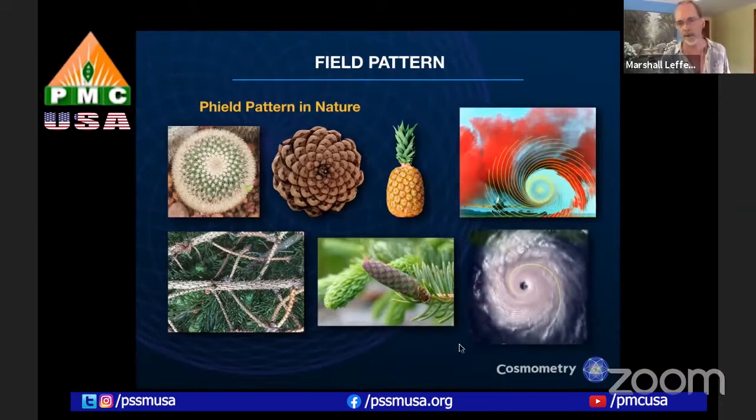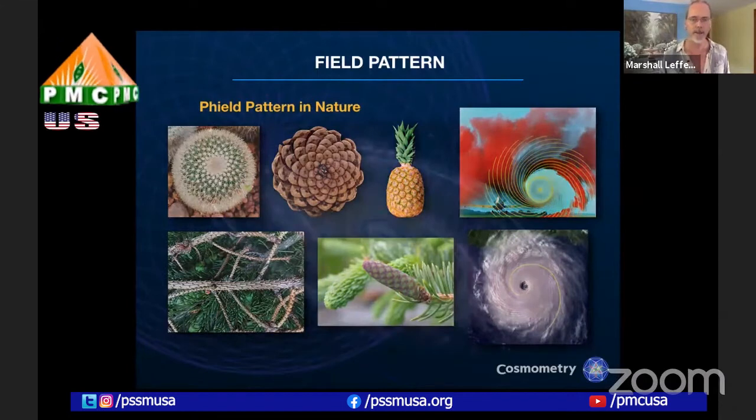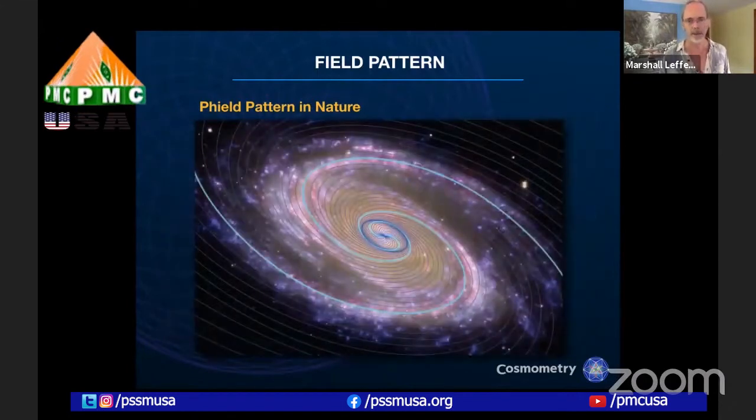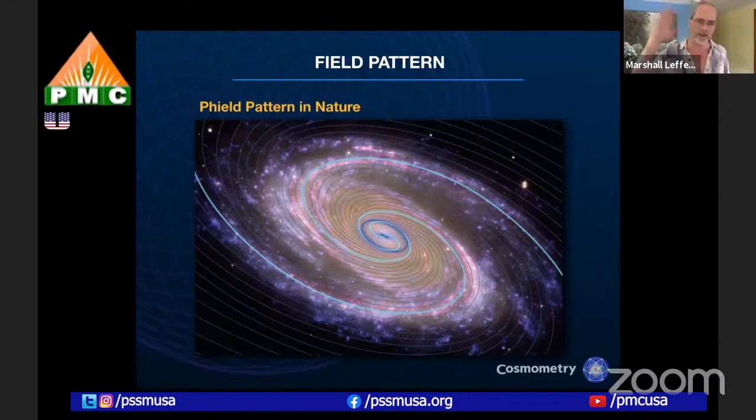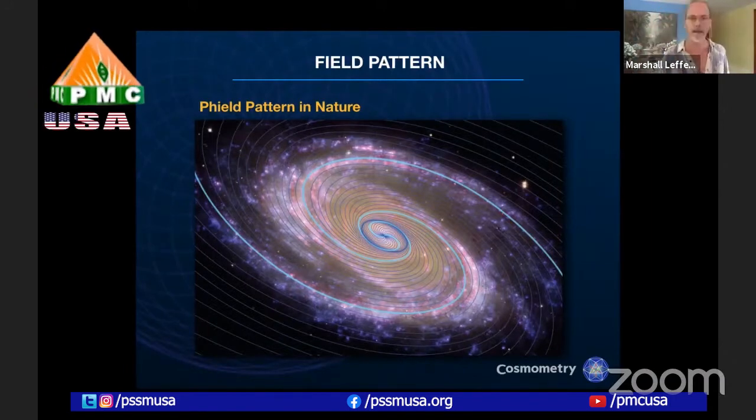We can see the same thing here with this Hurricane Katrina, beautiful phi spiral, and the eye would be where the boundary condition is defining that space, the inside and the outside of the system. Now we go up to this huge scale, 90 light years across, at this galactic scale to see exactly the same pattern. You see now the fractal nature and the toroidal phi ratio embedded aspect of universal energy dynamics.